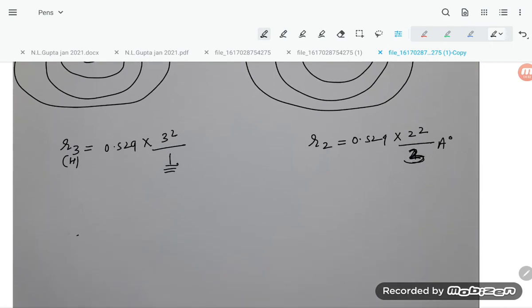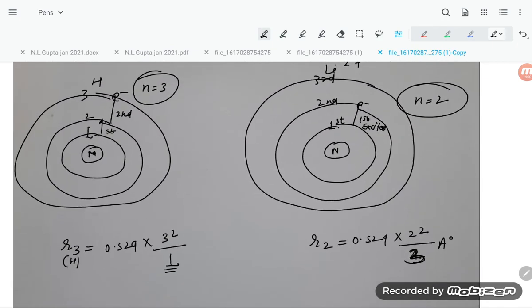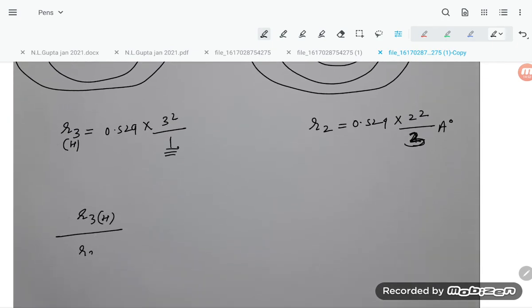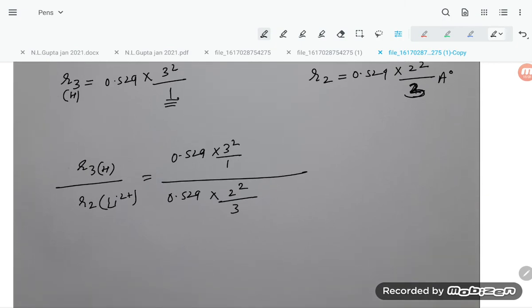So R3 of hydrogen upon R2 of Li2 plus is equal to 0.529 into 3 square divided by 1, over 0.529 into 2 square divided by 3. Now solve it out, students.